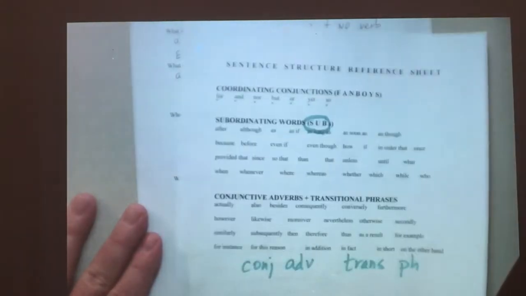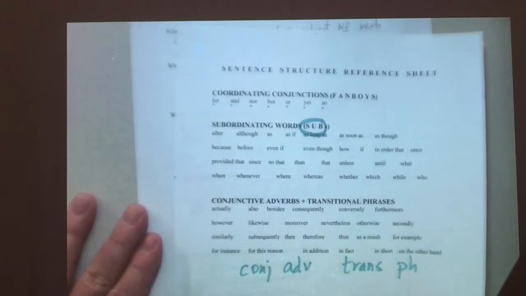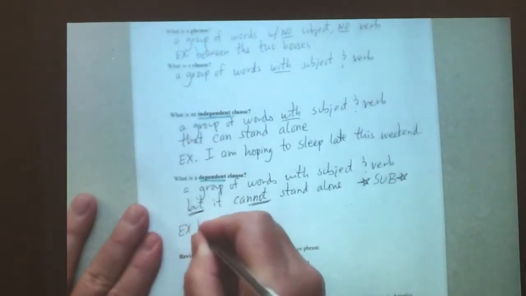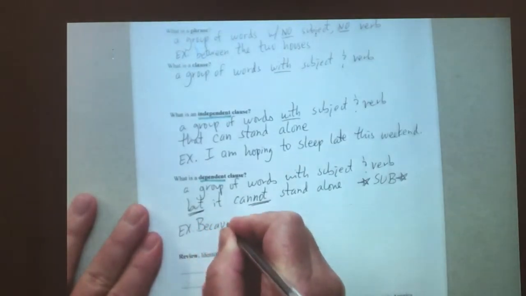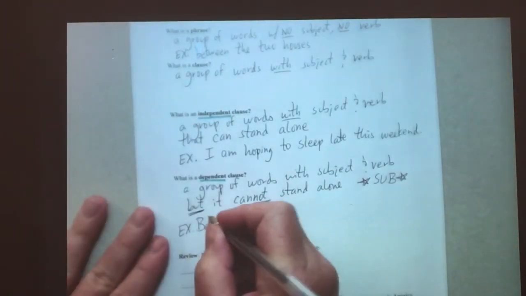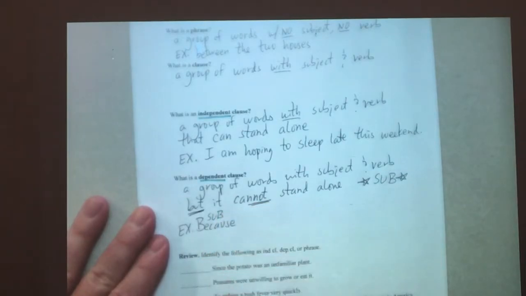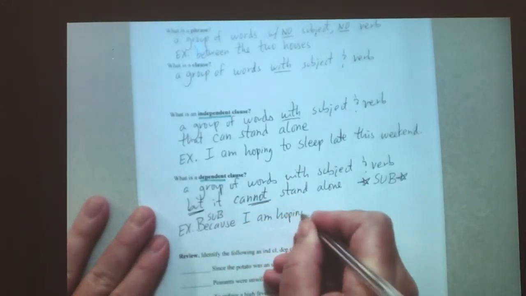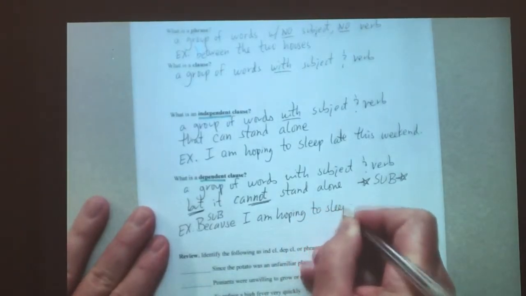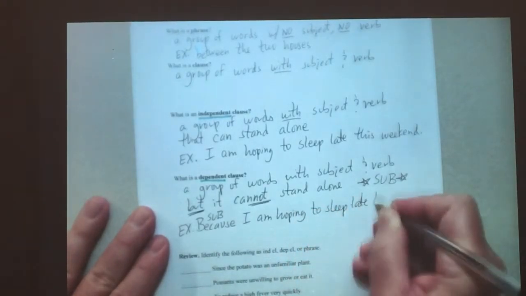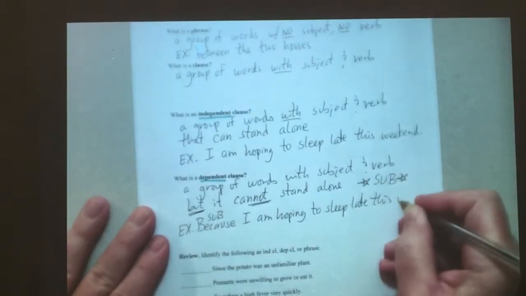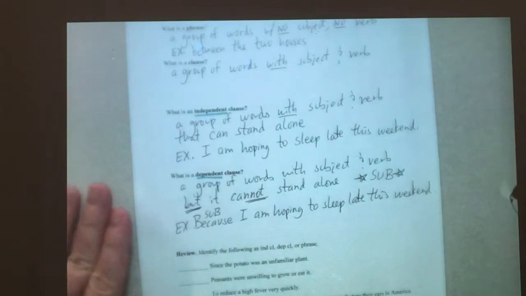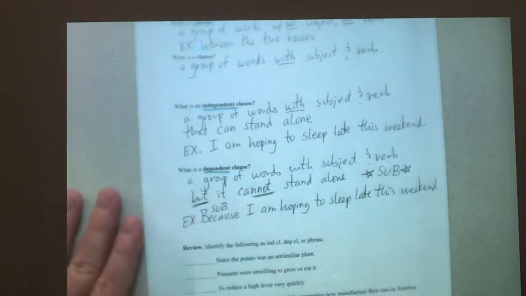So now, what I could do is just pick one of those, the most common sub, because, right, so that's my sub. I'll label it. So I'm just going to add this in front of my previous independent clause. And we'll see something happen. We'll see some magic happen, right? Boom. What happened?